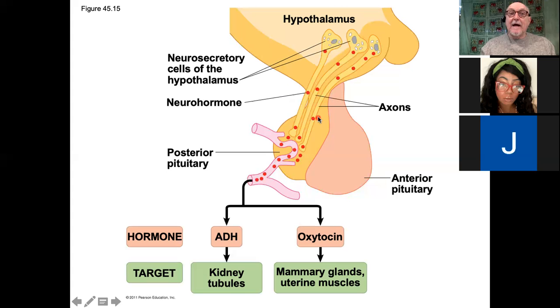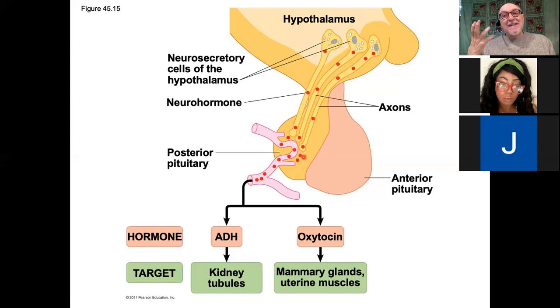And in response to stimulus from the body, the hypothalamus will produce hormones which are produced by these nerve cells. So this is a neurosecretory system. And those secretions make their way all the way through the axons and are released here at the ends of the axons.